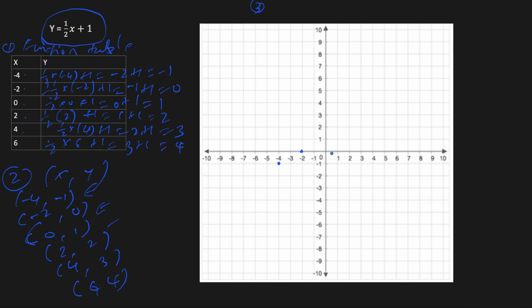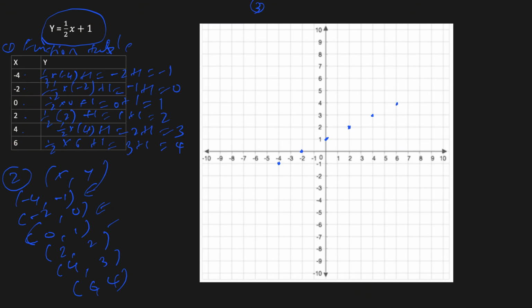Then we have 0 as x, and then y is 1. Then we have 2 comma 2, which is here. And then 4 comma 3, and then x is 6 and y is 4, which is here.